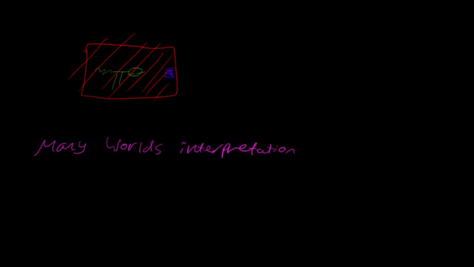But when you measure it, it's not like it's forced to choose. In the Copenhagen interpretation, that's what it is. But in the many worlds interpretation, there are actually two separate universes, or multiverses. One where the cat is alive, one where the cat is dead.